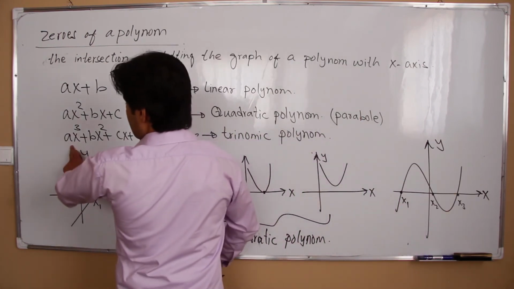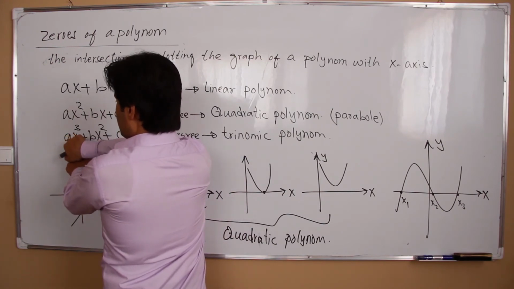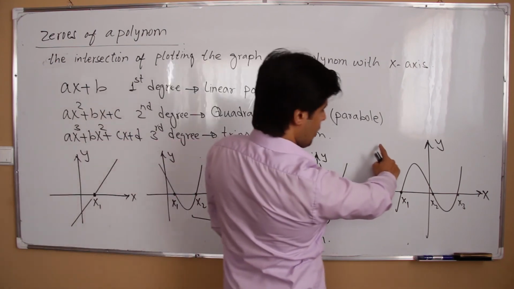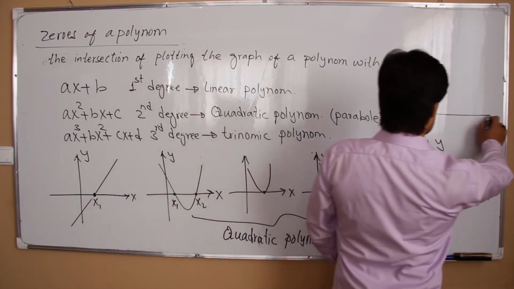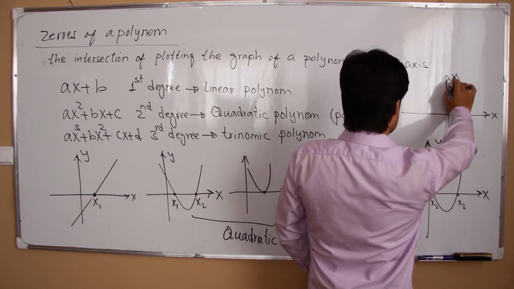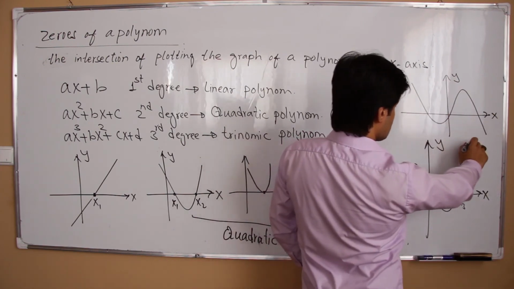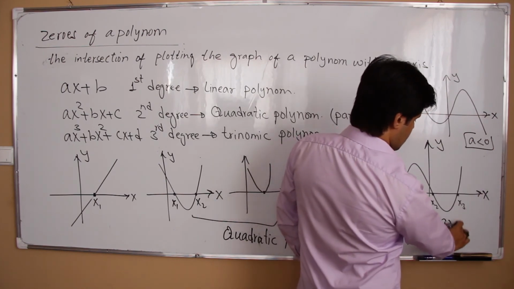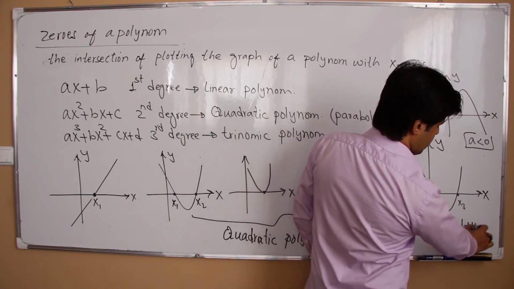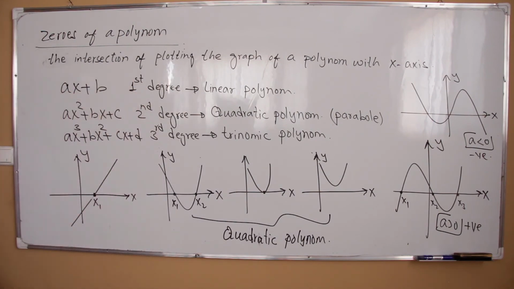If we have a less than 0, I mean a negative number, for example minus 2x to the power 3, the graph starts from here, like this one. This is x, this is y. In here, this graph is used generally for a less than 0, and in here a greater than 0. These are the graphs that we can define for the trinomial polynomial.